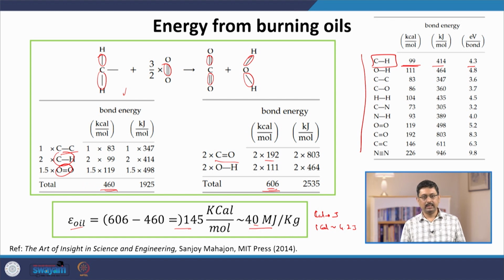This means if we follow just this one simple reaction and burn 1 kg of oil, it is going to release about 40 megajoule of energy. Megajoule is 10 to the power 6 joule.